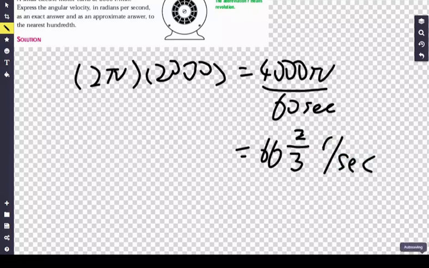I can actually go ahead and get you a real value, but I'm not going to do so yet. Wait, 4,000 divided by 60 seconds. And we forgot the pi, so this is what I meant to do. So that is how much we can do per minute, per second.